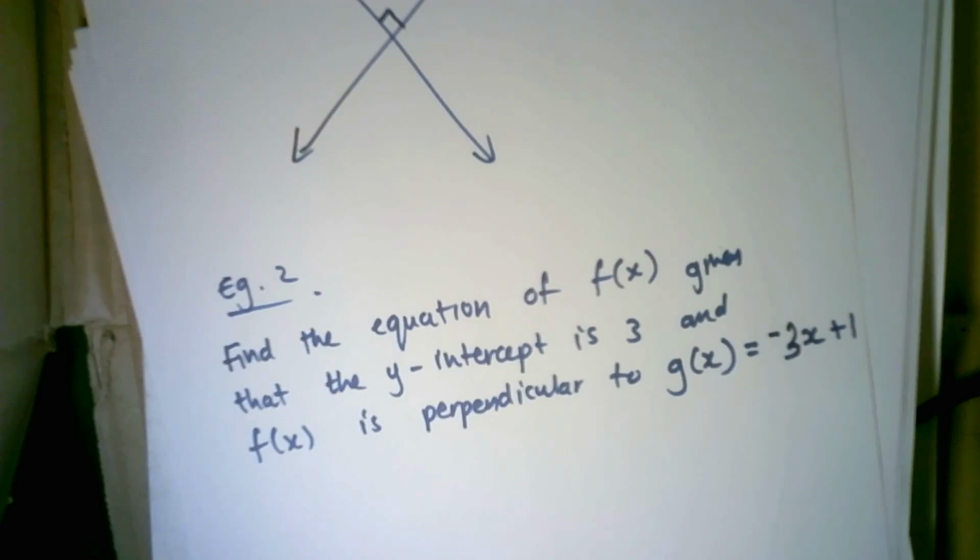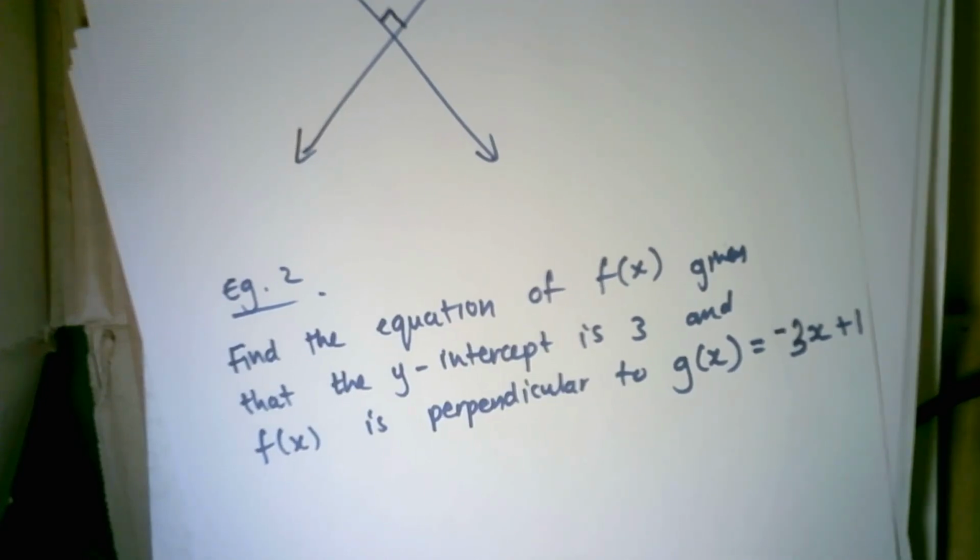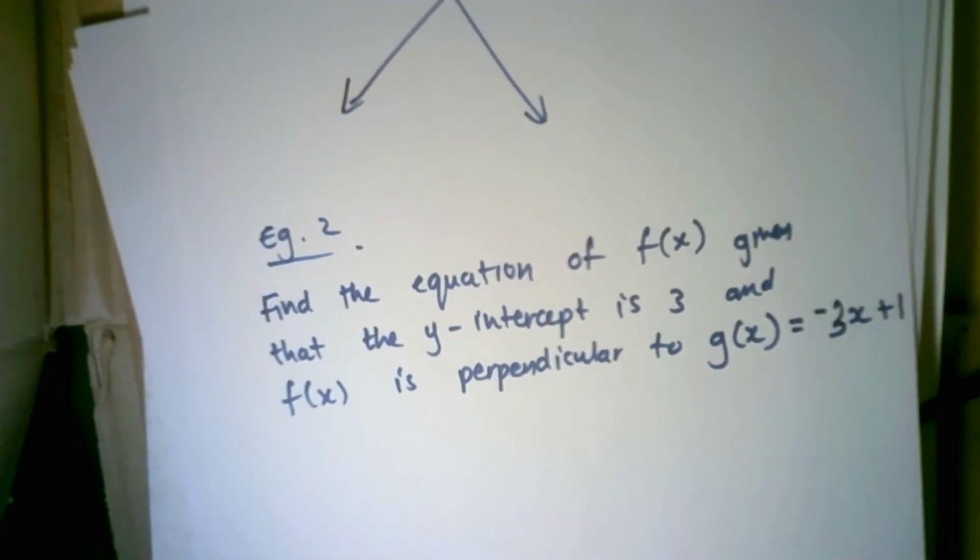So now, how do we find the equation of f of x? Again, f of x needs to be in the form of y is equal to mx plus c. In this case, when two lines are perpendicular to each other, the product of the gradients is equal to negative 1.